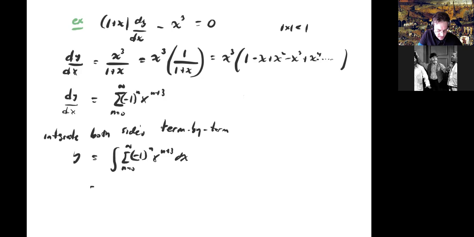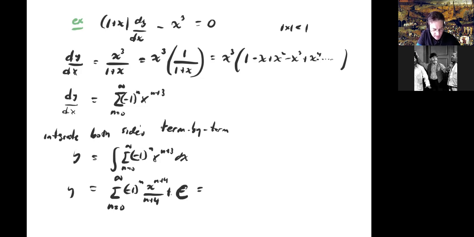That is the sum, n goes from 0 to infinity, (minus 1) to the n, x to the n plus 4 over n plus 4. And there's a plus c.